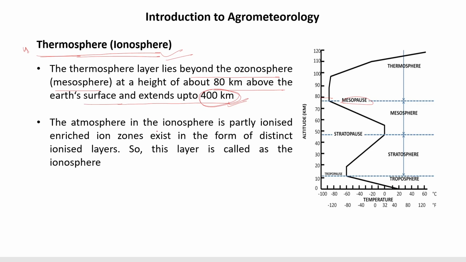The atmosphere in the ionosphere is partly ionized. Enriched ion zones exist in the form of distinct ionized layers. So this layer is also called the ionosphere, because a lot of partly ionized particles are present in this zone.